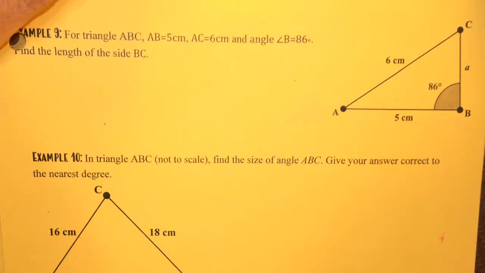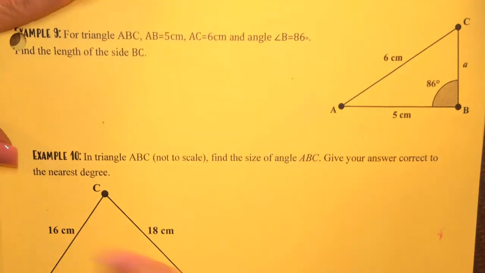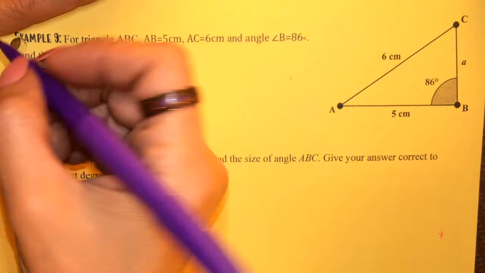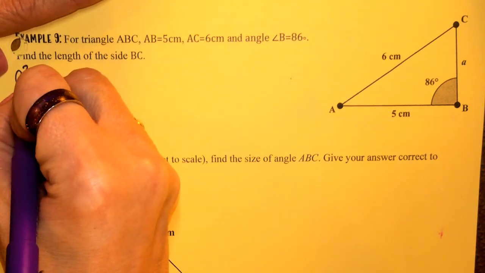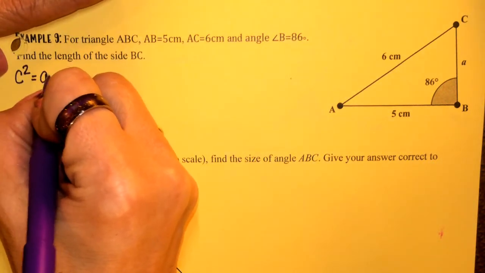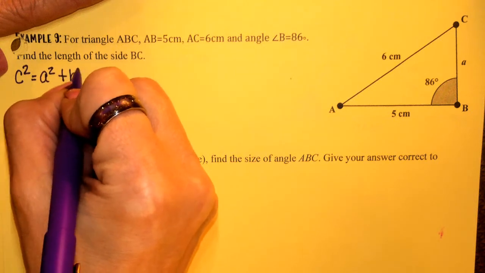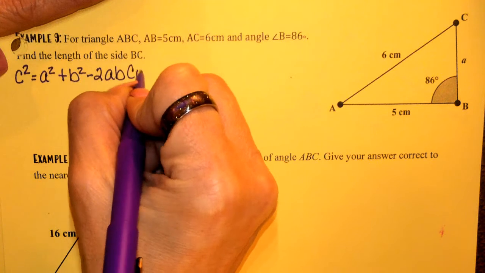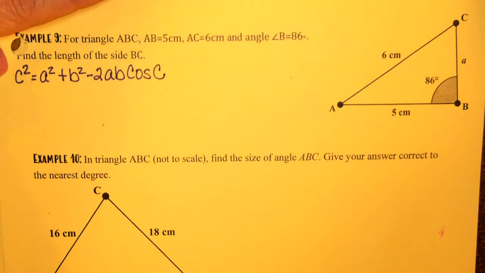So what could I do to figure this one out? Well, I'm going to write down that law of cosine. C squared equals A squared plus B squared minus 2AB cosine of C.